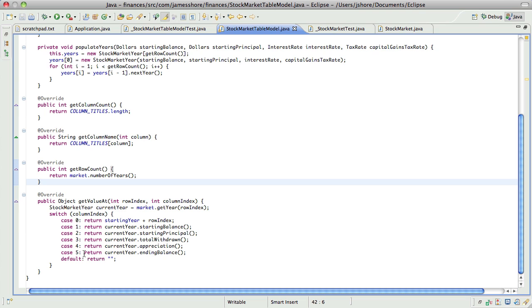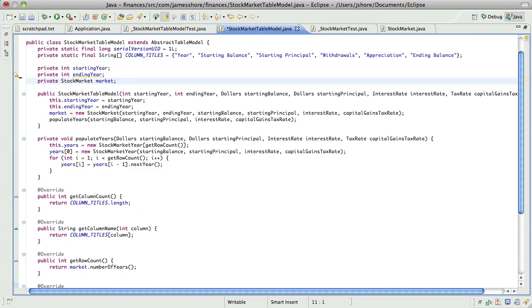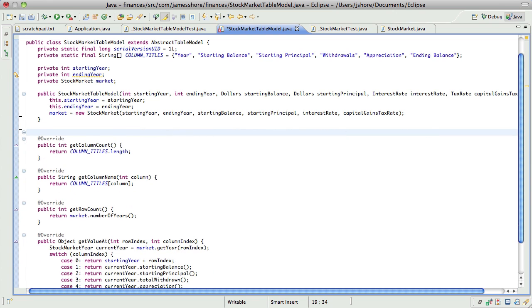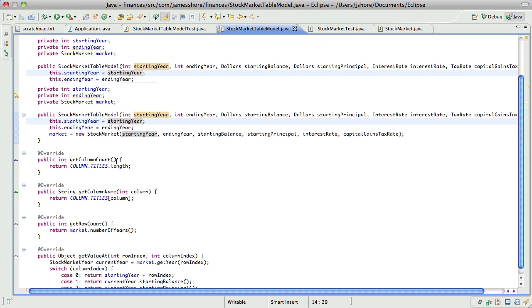None of the rest of this changes. This bugs me a little bit. Yeah, that's pretty much it. I should be able to take this out now. Okay, there we go. So we've integrated our stock market class.